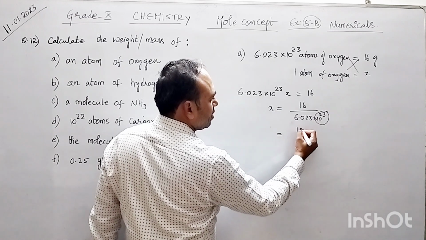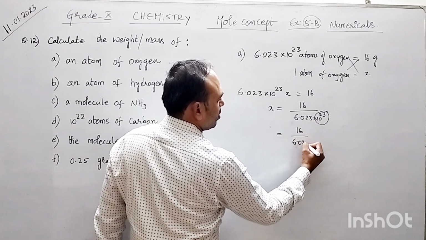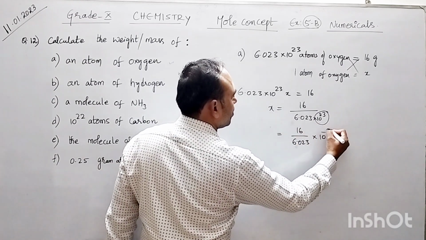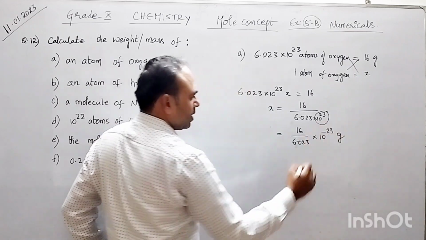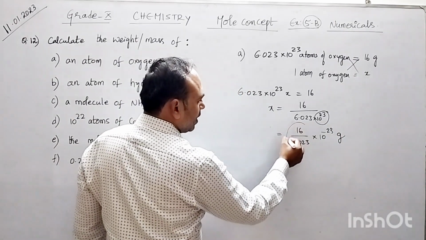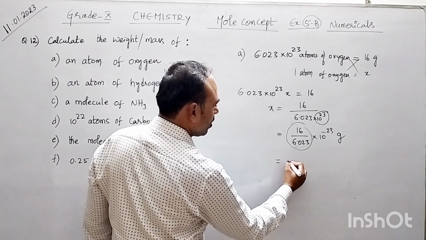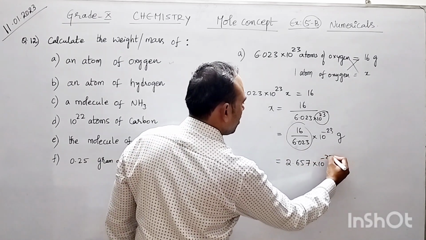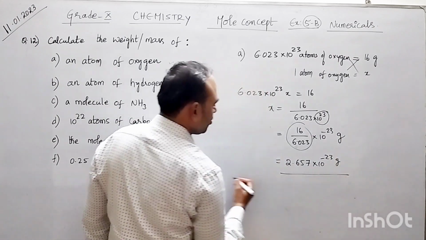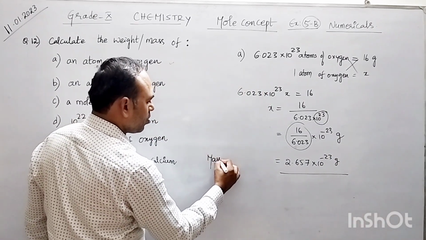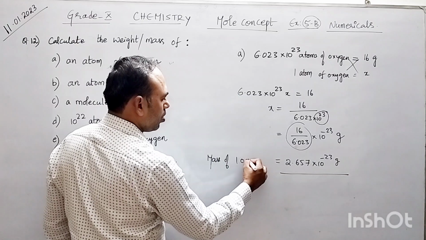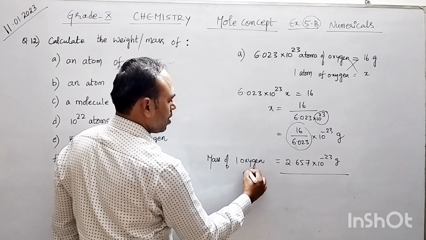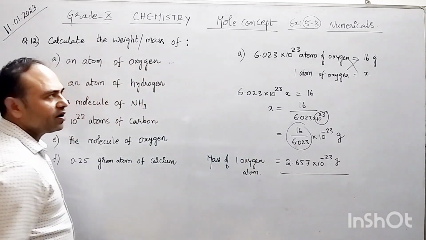So we can write 16 by 6.023 into 10 to the power of minus 23 grams. On calculating this, we get 2.657 into 10 to the power of minus 23 grams. So the mass of one oxygen atom, we got the answer. Hope you have understood this.